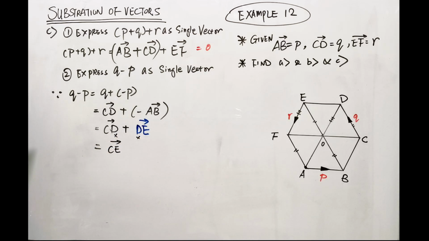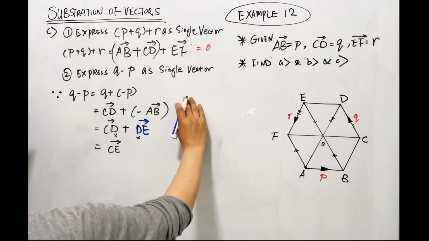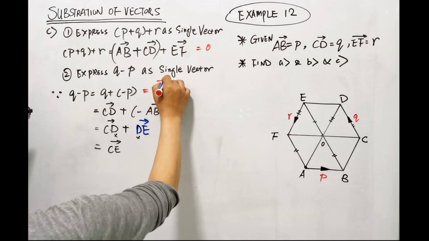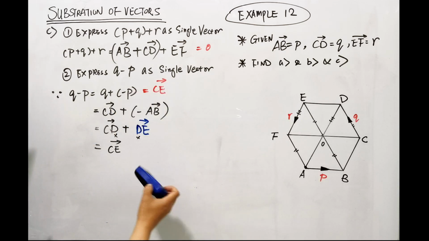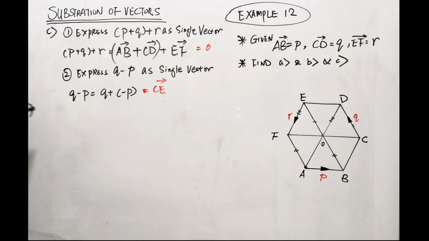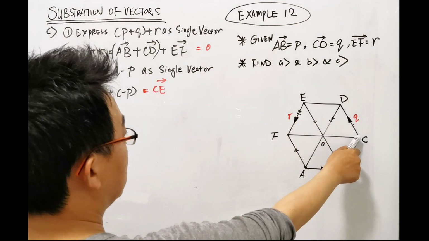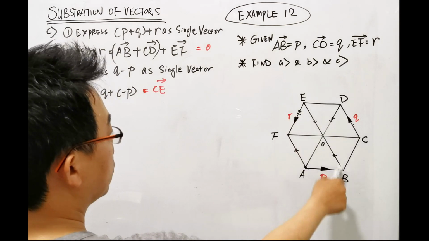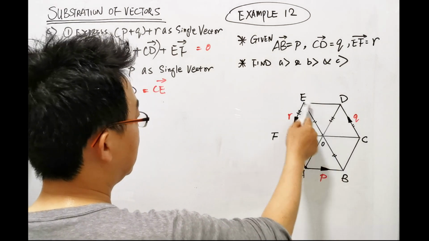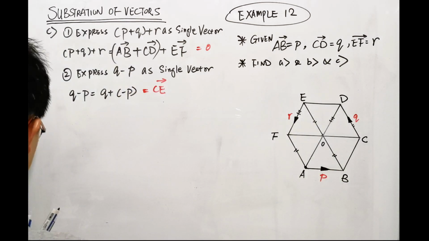So this is the answer: CE. Similarly, from CE we can also get BF. BF is also equal to CE, right? Let's continue.